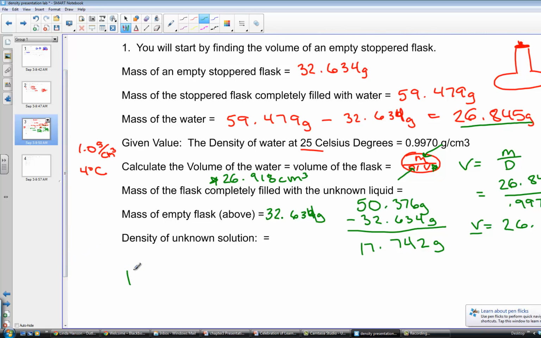To calculate density, we need the mass of our unknown solution. We just found it, 17.742 grams. We need to know its volume, but we have that. The volume of the flask we determined right here was 26.918 cubic centimeters. Solve that ratio and we have the density.